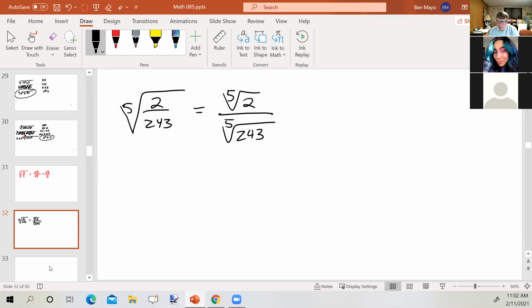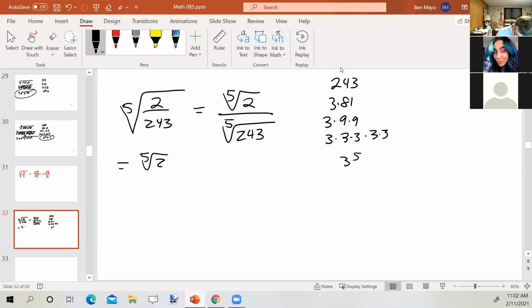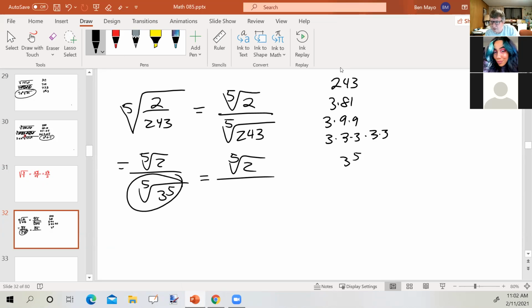Well, I can't do anything with the 5th root of 2, but 243, let's see, 2 doesn't go in, but 3 goes in 81 times, and that's 9 times 9, and 9 is 3 times 3. So we got 3 to the 5th power. Oh, okay. So I've got the 5th root of 2 over the 5th root of 3 to the 5th power, which is the 5th root of 2 over, what's the nth root of a to the n if a is greater than or equal to 0? It's a. So we get a 3 because the 5th root of 3 to the 5th power is 3.